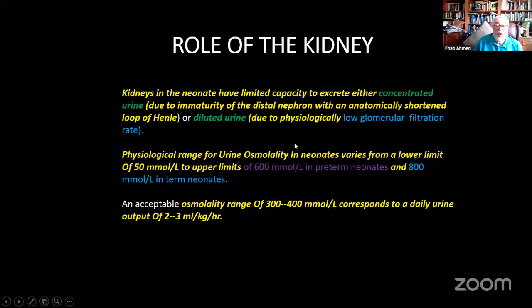And when you compare the preterm to the term, the preterm is also different from the term baby. The preterm can concentrate urine a little bit more or less like the term, but to dilute urine, this is to concentrate.